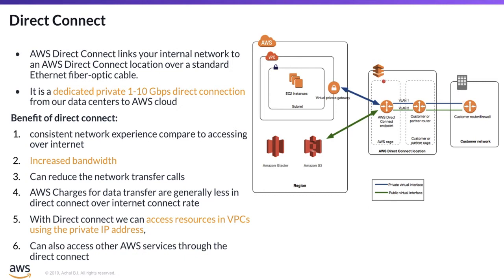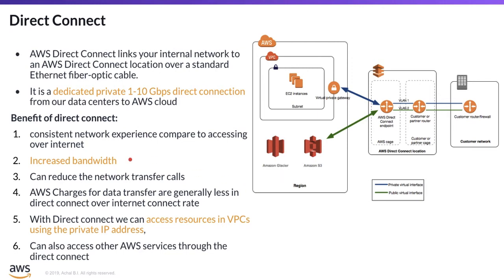Direct Connect is an approach where, if a company's compliance or policy states that traffic cannot go outside to the internet, then companies can go with this approach. Basically, it is a dedicated private connection of up to 10 Gbps from this Direct Connect center to these VPCs or services.